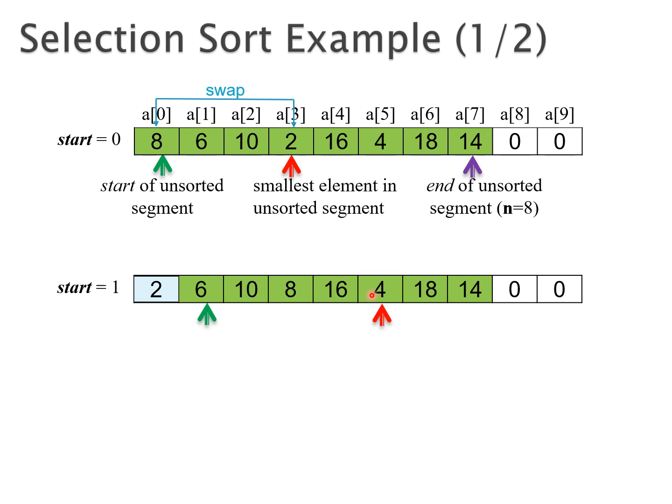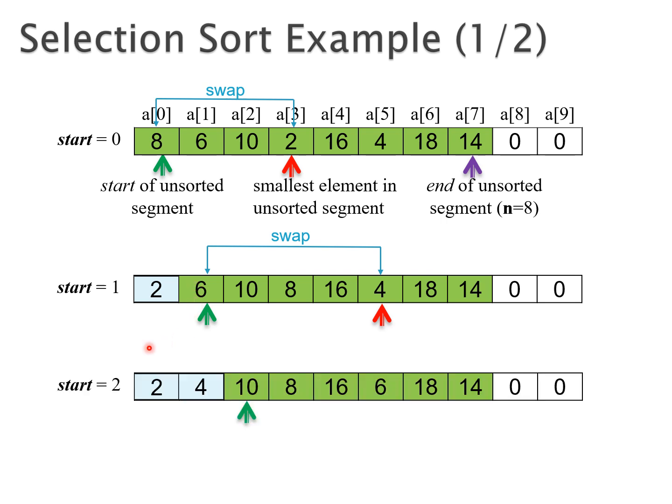So we swap the element at index 5 and the one at index 1. After swapping, we move to the next iteration with start equal to 2. At this point, the first two elements of the array have been sorted, and the unsorted segment is from index 2 to index 7.